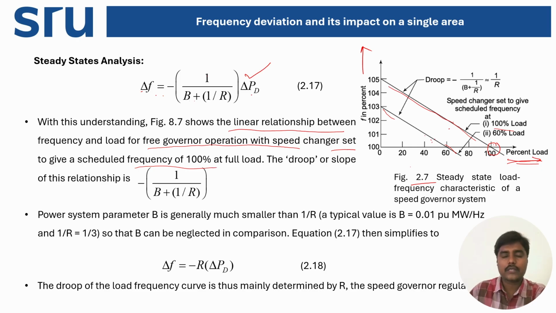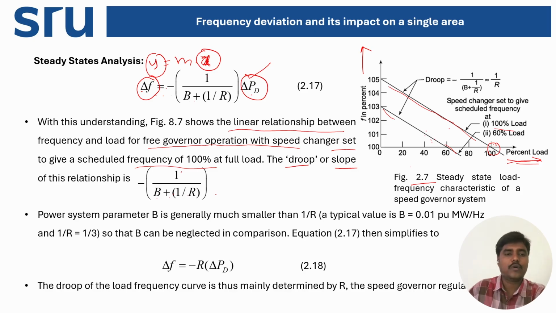That particular curve, the droop or slope, can be expressed as minus 1 by B plus 1 by R. This equation is in the form of y equal to m x, where the x coordinate is our delta PD and the y coordinate is our delta f.